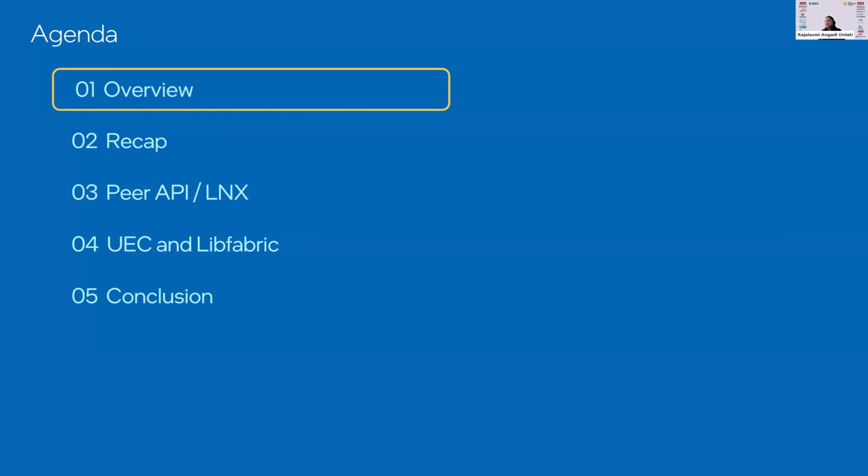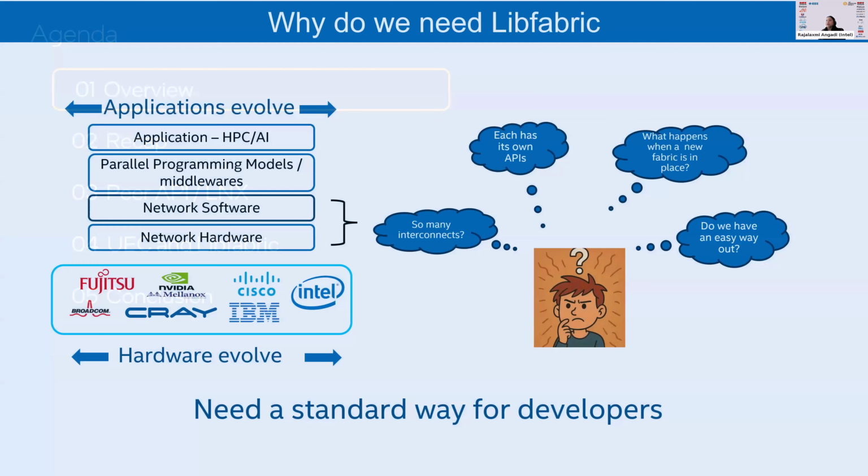So let's start with an overview. Over the period of time, hardware has evolved, and it is still evolving in all areas like compute, network, memory, and storage. So the type of applications and the use cases are also rapidly growing. With the advancements in GPT, for example, we are dealing with trillions of parameters, which means a lot of computing capability is required.